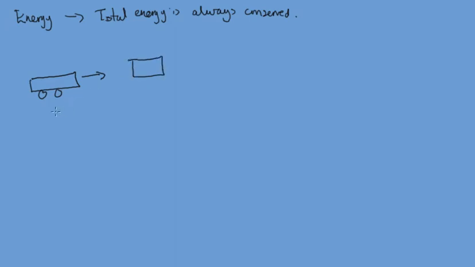this system. So this has got mass 2.5 kilograms and it's got a velocity of 6 meters per second. And this has a mass of 1.5 kilograms and it's stationary, so v is 0. And so this is before.